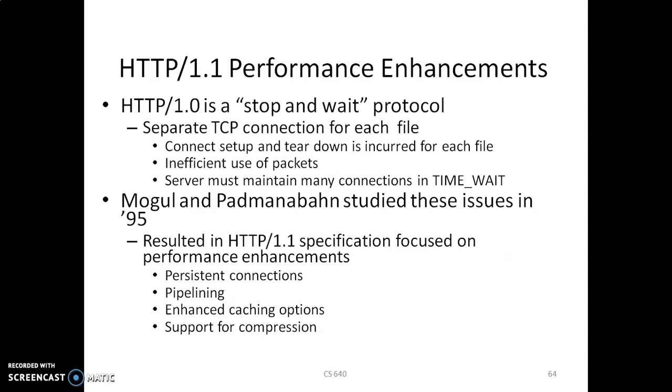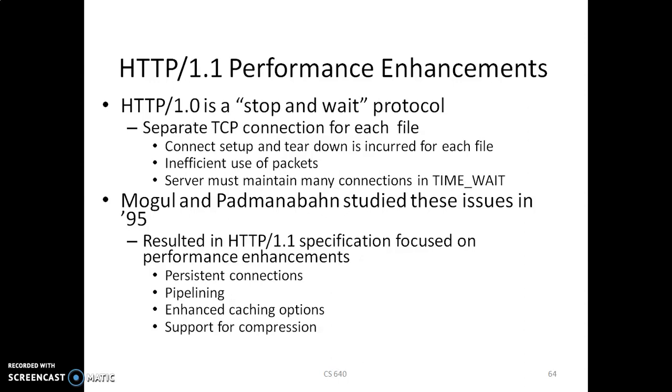HTTP 1.1 performance enhancements. The 1.0 version is a stop-and-wait protocol in which a separate TCP connection was required for each file. The connection setup and tear down is incurred for each file. Also, there was inefficient use of packets, and the server must maintain many connections in time wait.